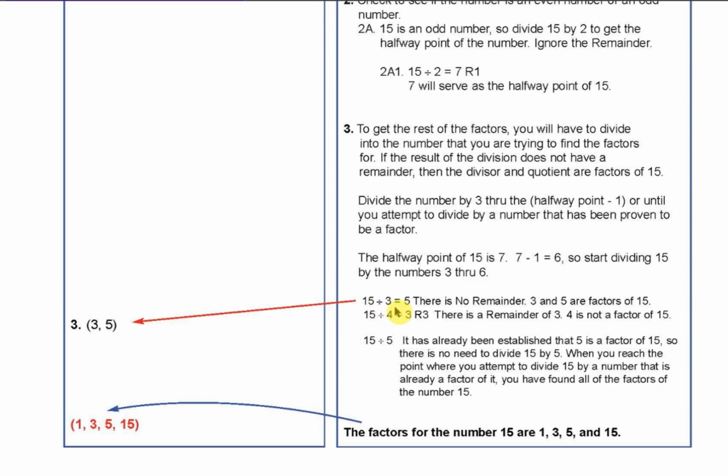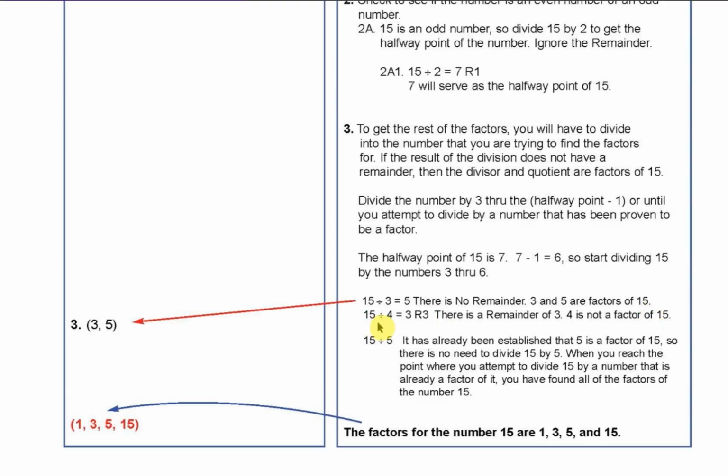There is no remainder. Therefore, 3 and 5 are factors of 15.